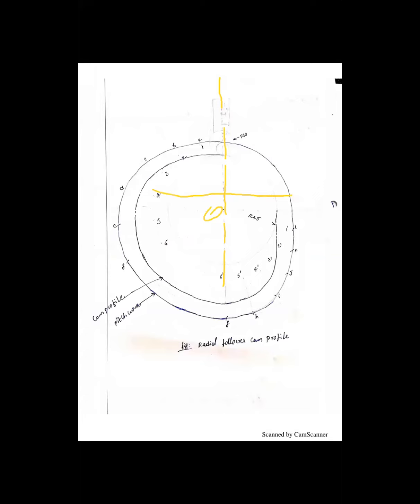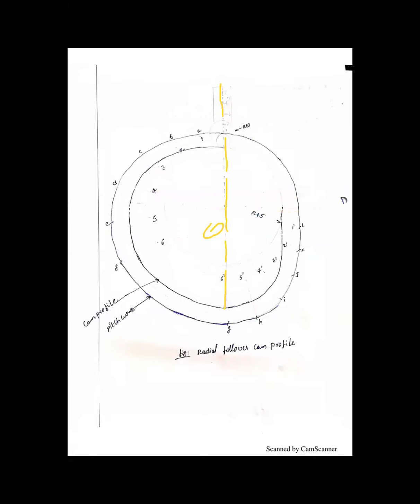Radial follower cam profile. Just observe that. First you have to draw one horizontal line and one vertical line.